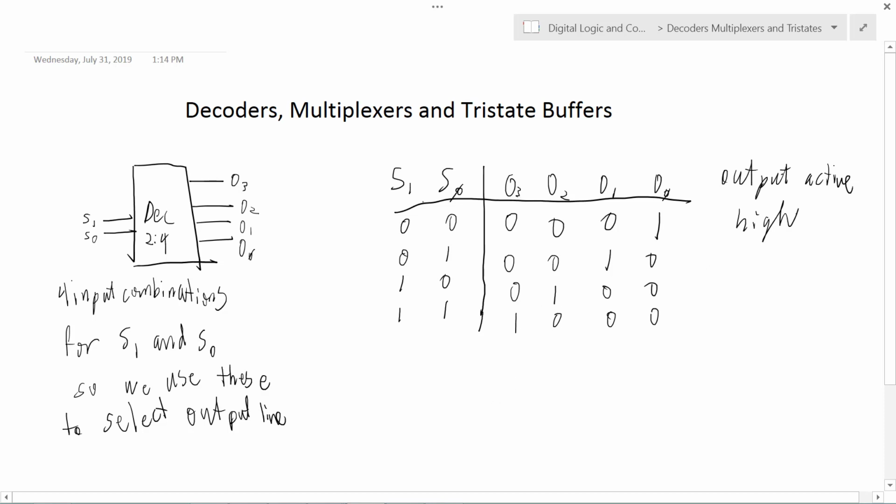Now for an arbitrary decoder with K inputs, decoder K, this would be the decoder 2 for K equals 2. You have K inputs and 2 to the power of K outputs.